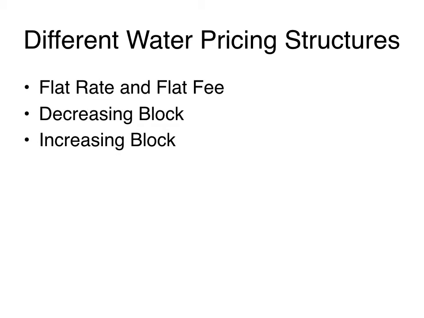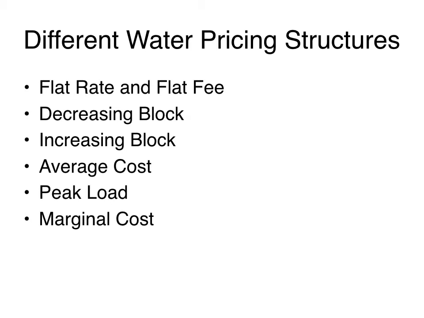And increasing block is a per unit price that increases with water use. Average cost is a flat rate equal to the average cost of providing water. Peak load, the price increases at times of shortage. And finally, marginal cost, the price reflects the marginal cost of providing water.